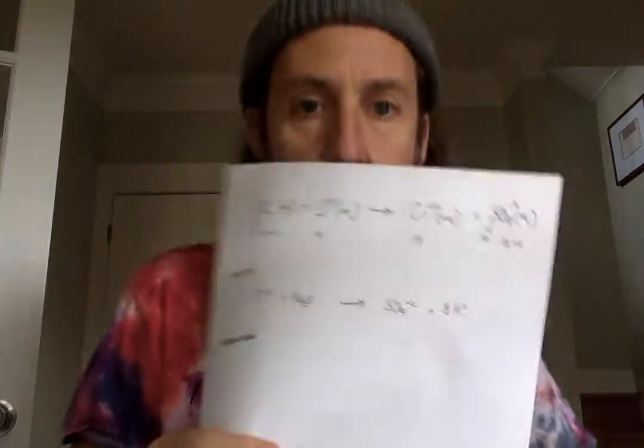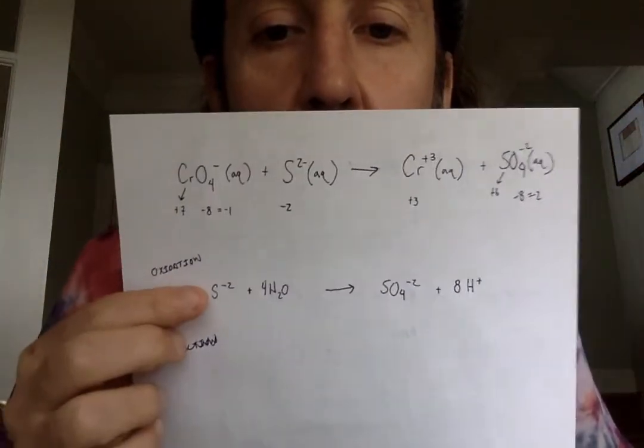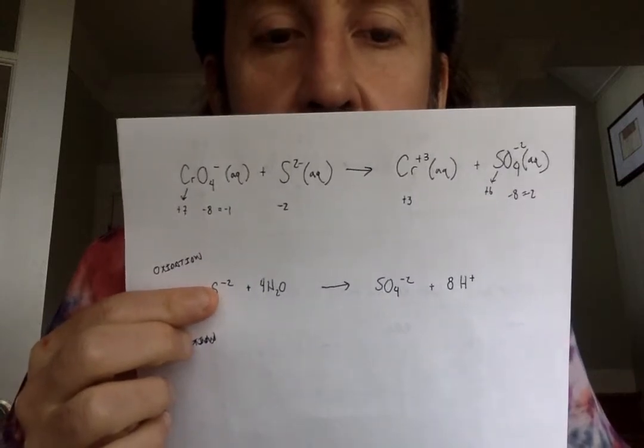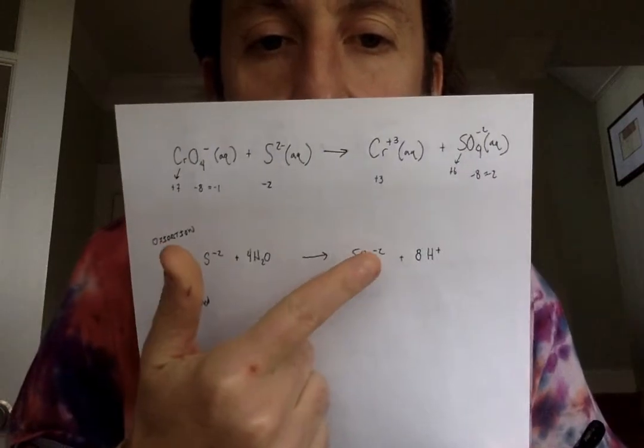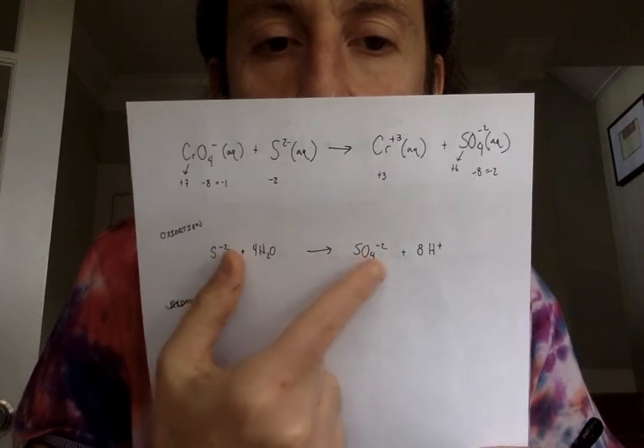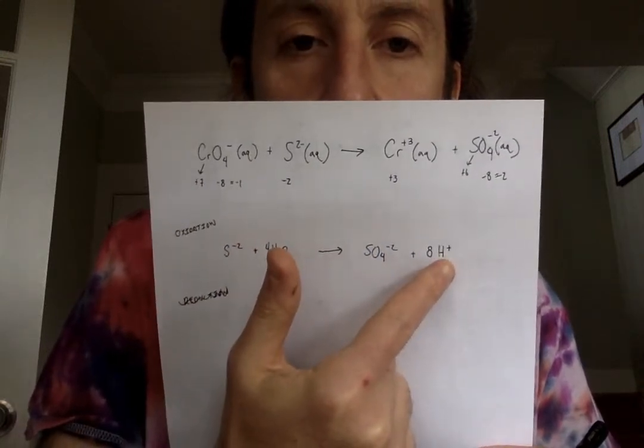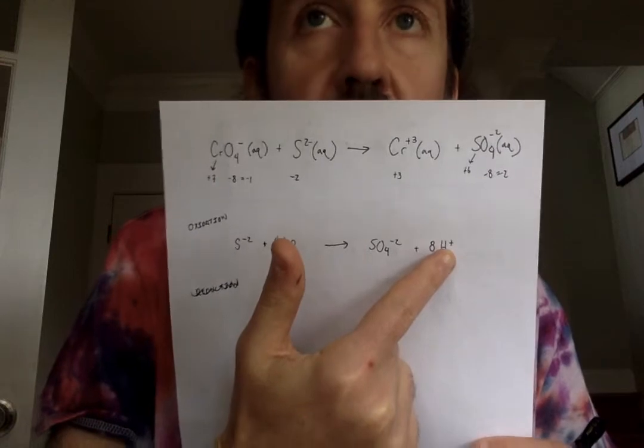Okay, and so now I've got a situation where I've got a -2 here, I've got -2 here, and I got 8 pluses here. And so my problem being is I need both sides to be -2 because the charges need to be equal. And so I'm going to add 8 electrons.